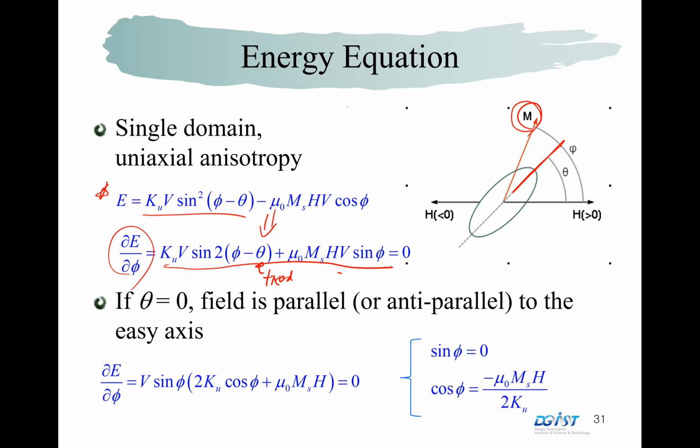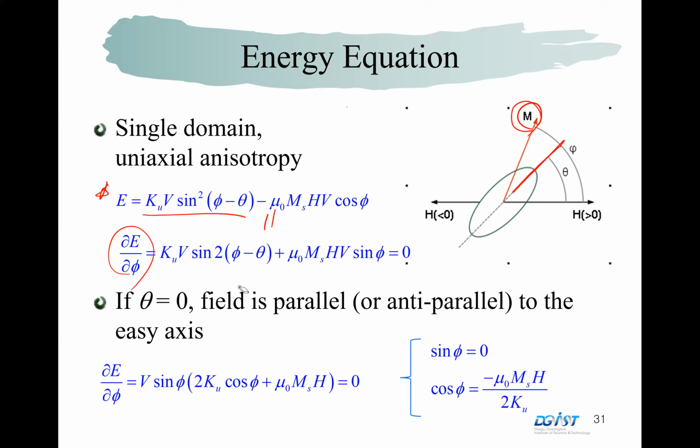So the first goal is finding phi, which satisfies this energy minimization equation for the given material parameters and for the given theta. This equation looks not that complicated, but unfortunately, we have a sine with phi minus theta. So the general solution of this equation is not easy.